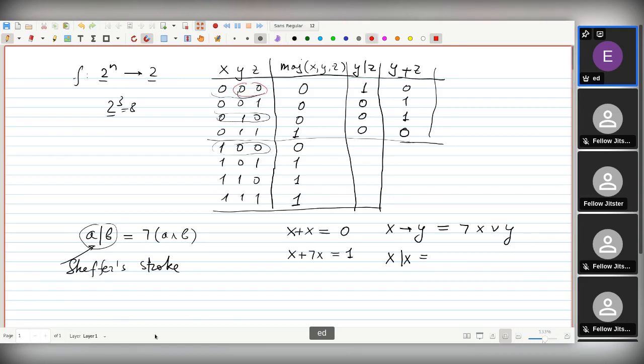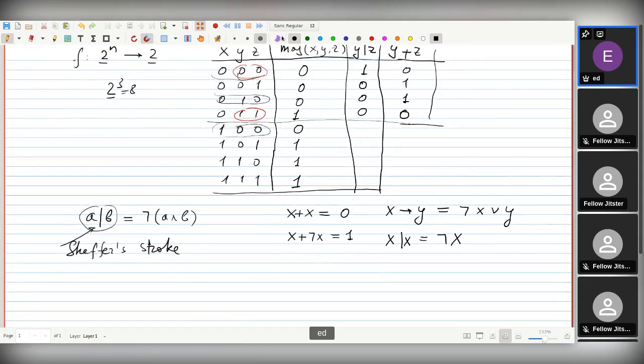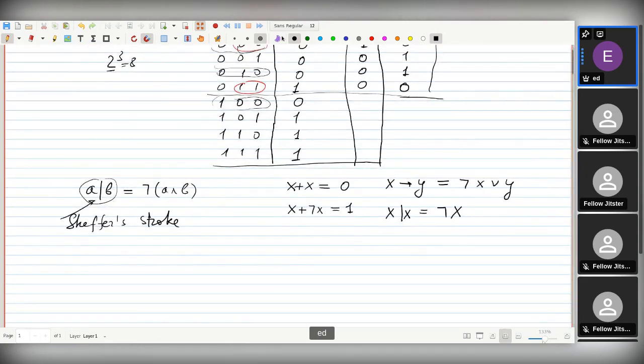Please tell me, what is it? 0 stroke 0 is 1. 1 stroke 1 is 0. So what is the conclusion here? It is not X. It is just this function.